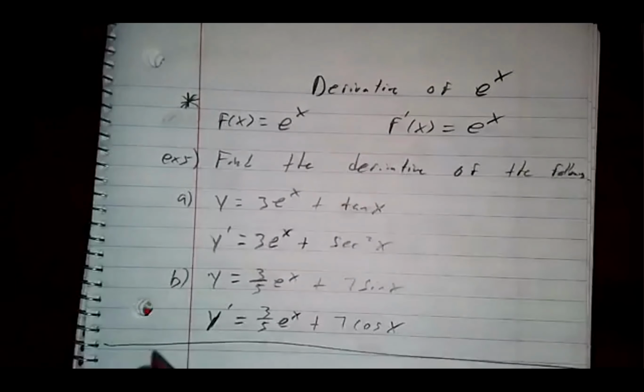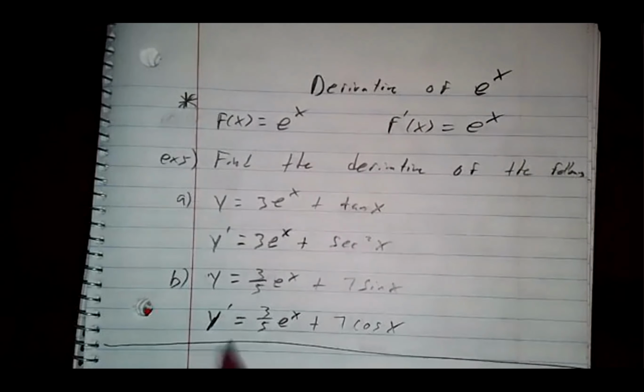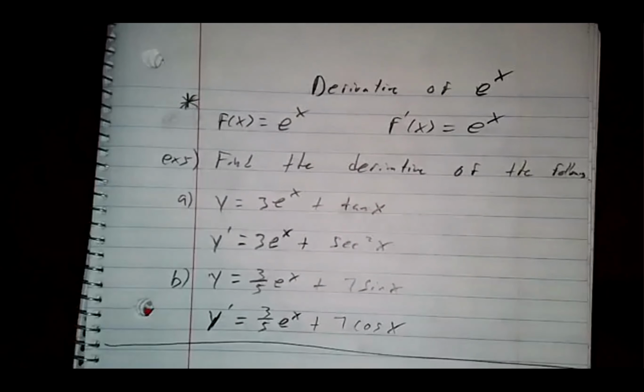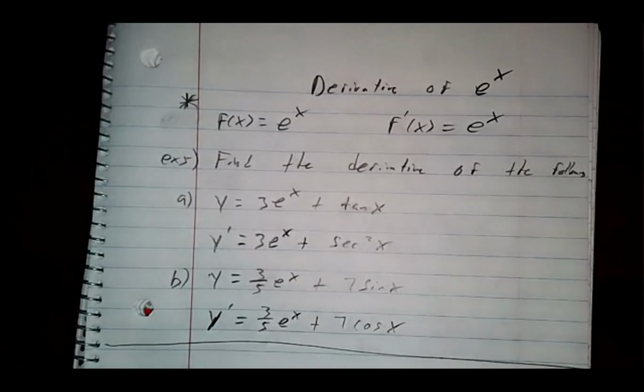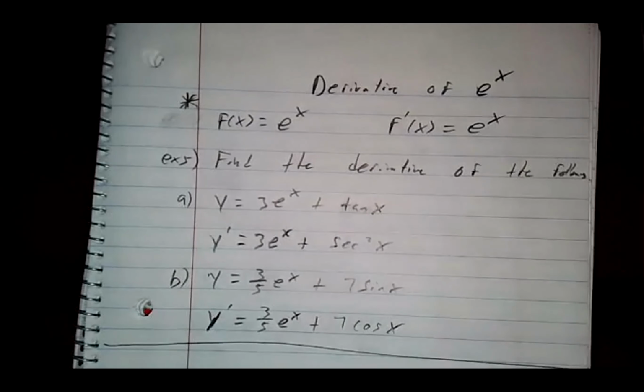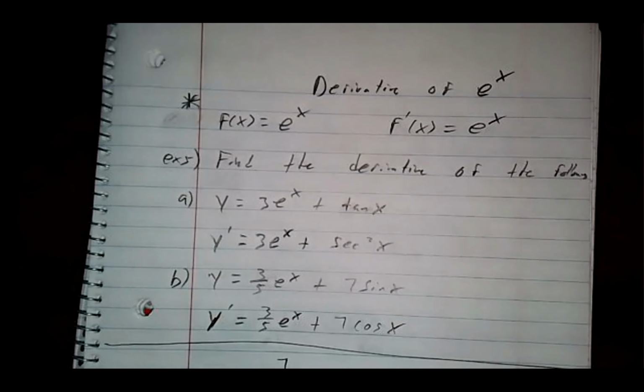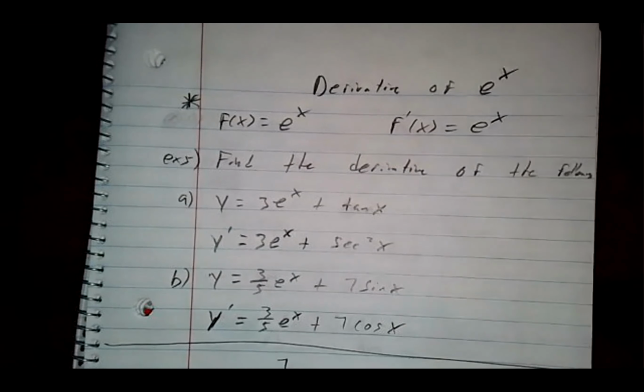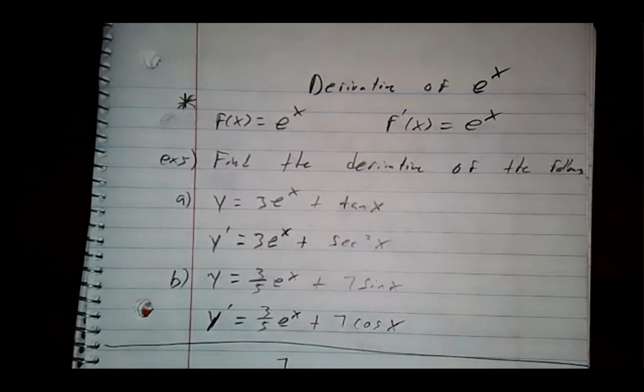So basically, I'll just make up a question real quick. If y is equal to, doesn't really matter what's on top, 7 over 2x to the 2, you have to rewrite it as 7 times 2x to the negative 2.